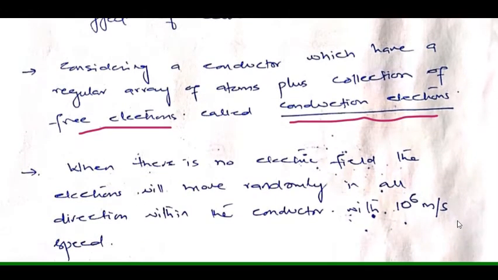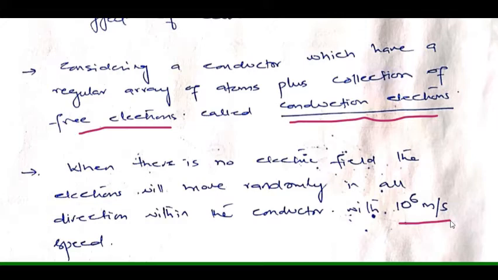So when there is no electric field applied to the conductor, we have discussed earlier in articles 27.1 and 27.2 that the electrons are moving randomly within the conductor with immense speed, of the order of 10 raised to the power 6 meters per second. This is because of their thermal agitation.